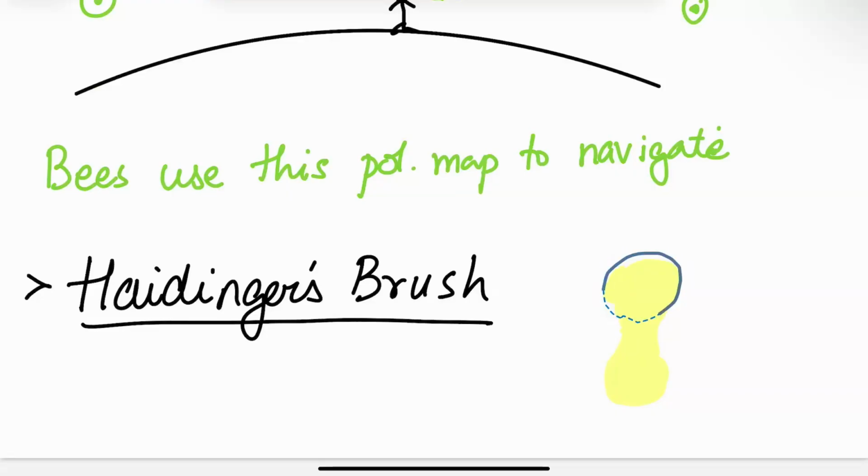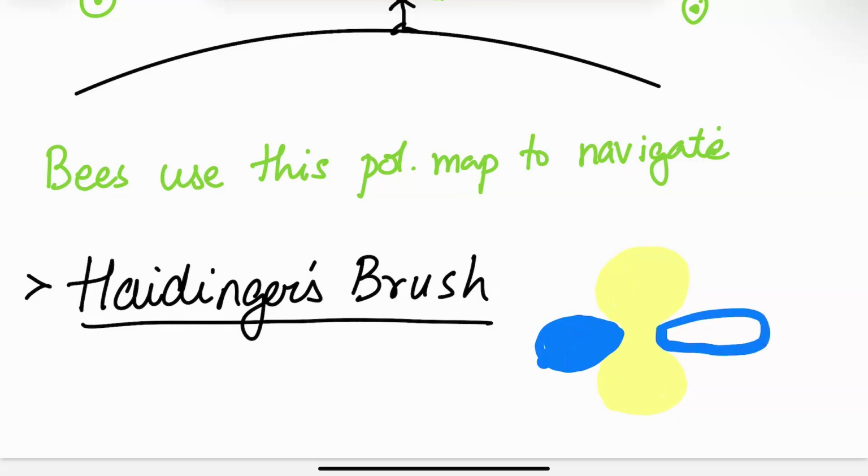There's a bit of yellow, and then there is also some blue. It's very faint. I'm drawing it kind of bright here, but something like that.